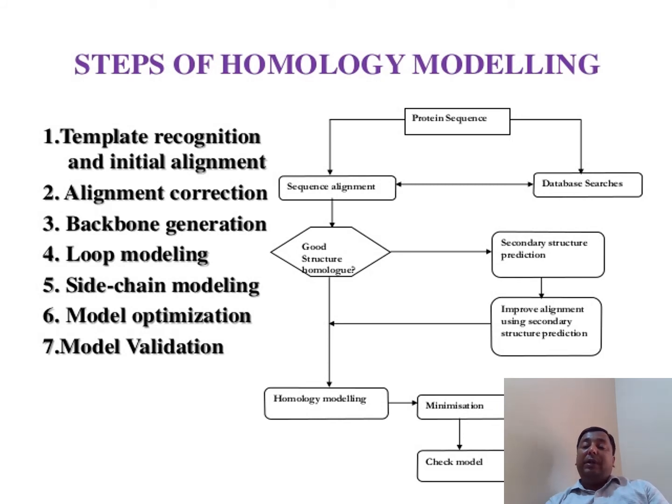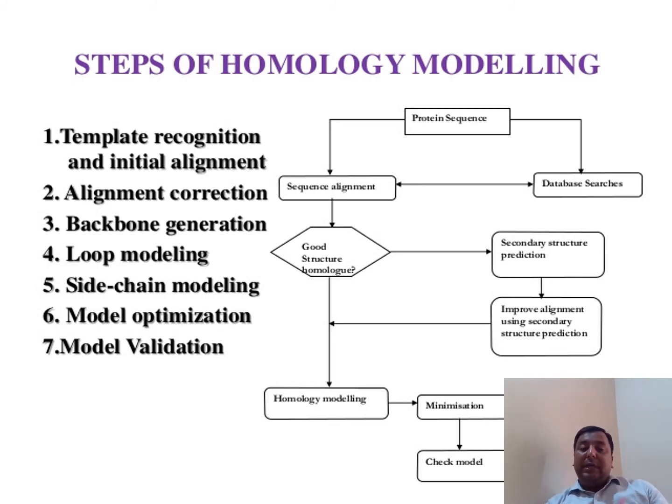So once we align the sequences, then we have to generate the backbones. Already we know that. Once we generate the backbone, the next step is that we need to do the loop modeling, right, where all the secondary structures are connected with the different loops, and then we need to do the side chain modeling.